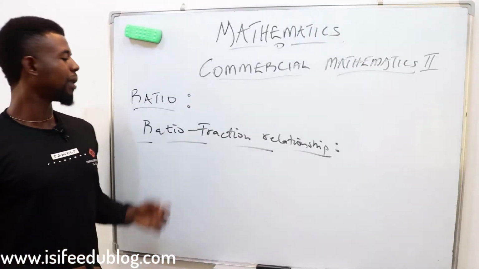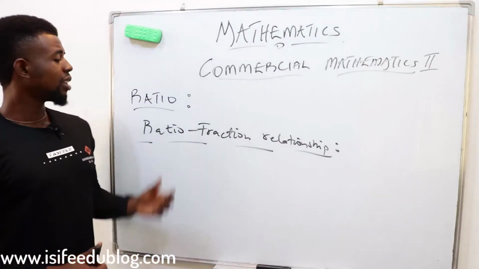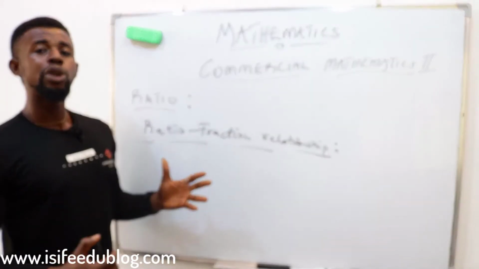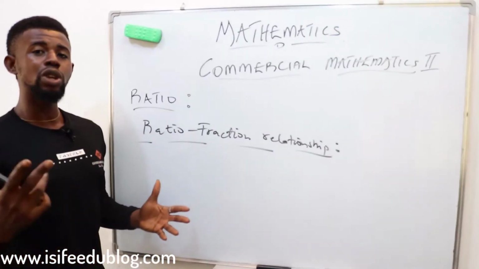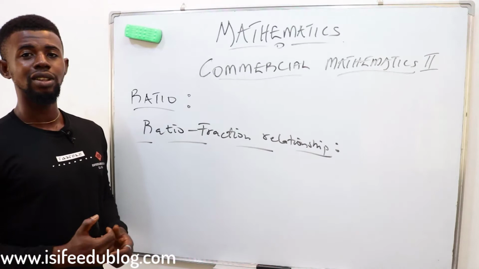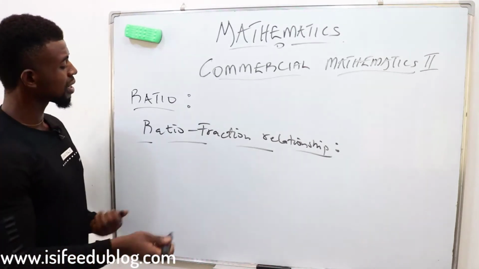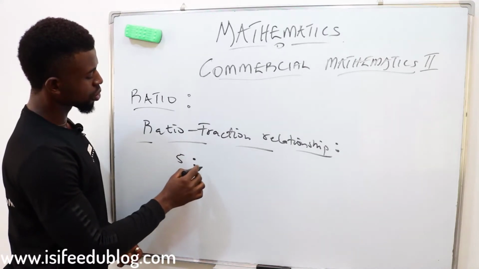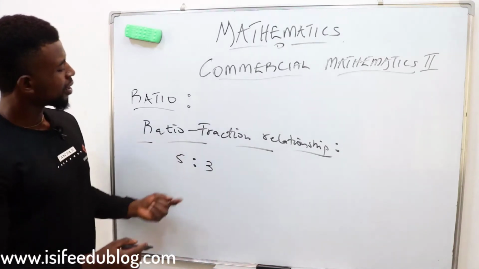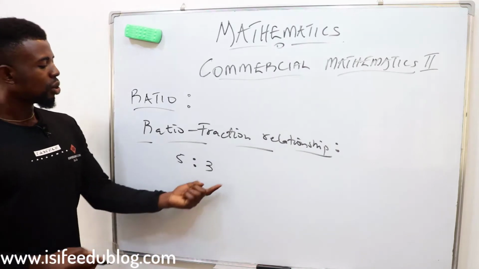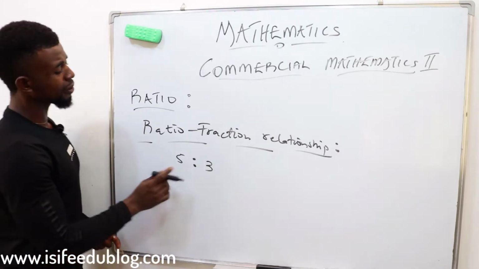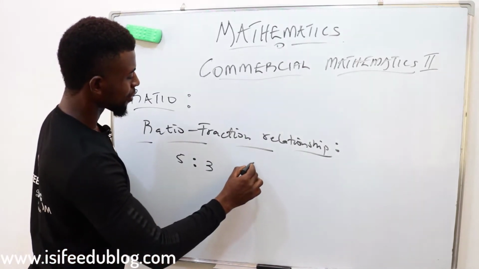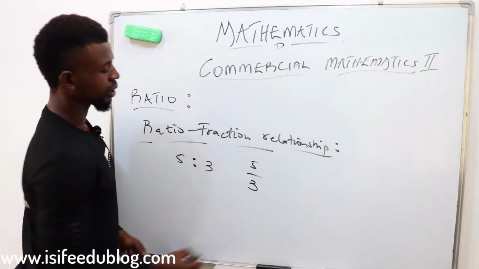Now, ratio and fraction: what is the relationship between my ratio and my fractions? This relationship can only be related to the ratio between just two different quantities. So if I have two quantities, let's say 5 is to 3, and I want to relate this in fractional form, I can represent this in fractional form by writing it as 5 all over 3.